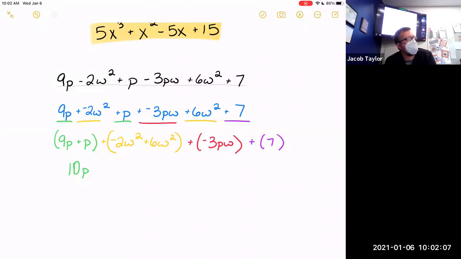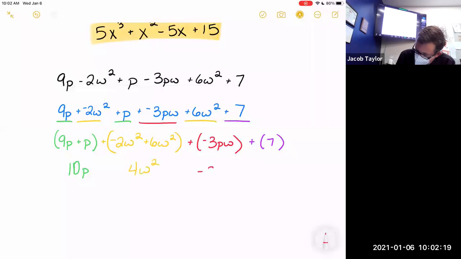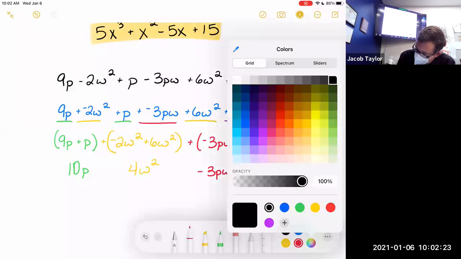Negative 2 plus 6 is 4. So 4w squared. And then these two poor guys on the end don't have anything to combine with, so they just stay put. I feel bad for them.